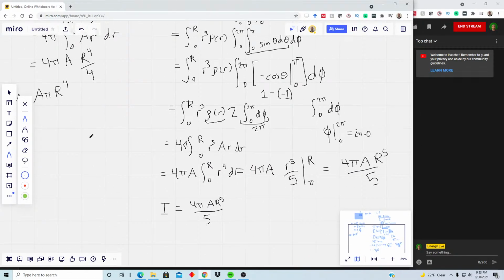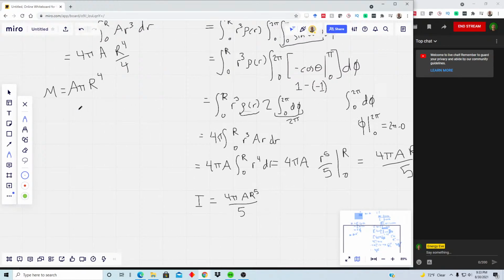And so, as we can see here, if we were to factor out an a pi over 4, we get 4 over 5 r a pi r to the 4. And this is going to be equal to 4 over 5 rm.